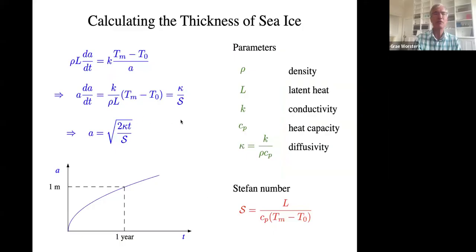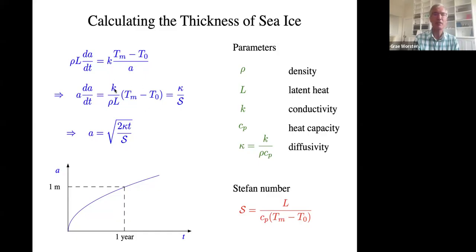We can solve it very easily. I've written it again here. There's a lot of clutter in these equations, but most of the clutter are constants. So let's just identify the mathematical structure of this. Our dependent variable is A, our independent variable is t. If I cross multiply by A, then I've got A dA/dt is equal to a bunch of constants.